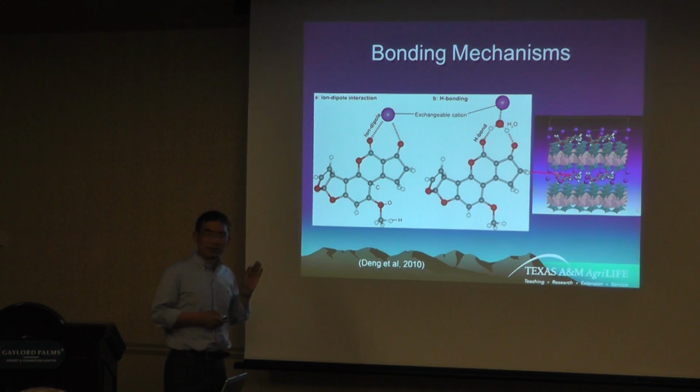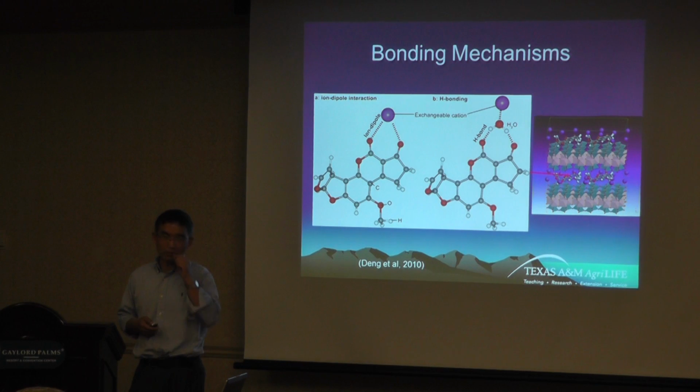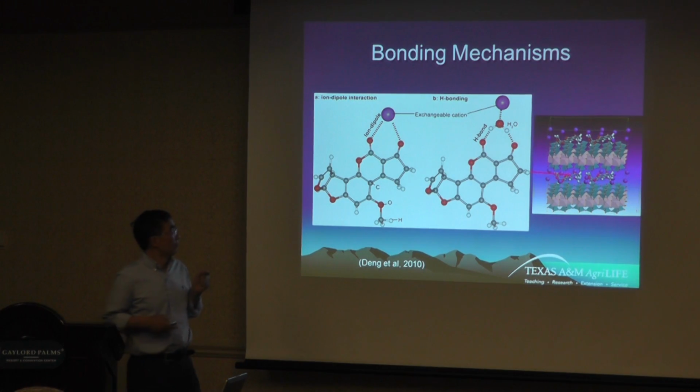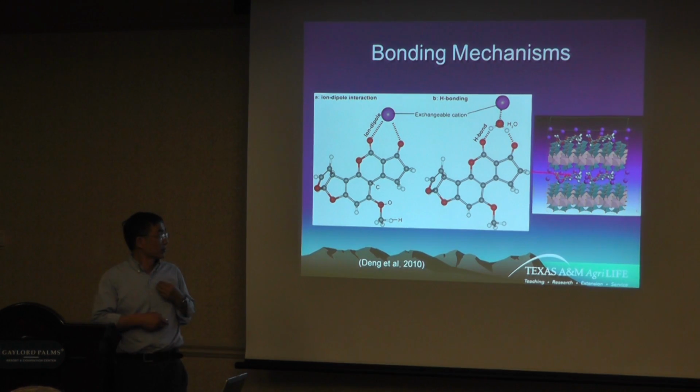Firstly, we have demonstrated that actually the fraction with aflatoxin can't go to the interlayer of the smectite, which we're not going to show today. But what I'd like to talk about is how aflatoxin bound to the clay layers. We found the most important factor is the exchange cations, those cations in the interlayer of the smectite.